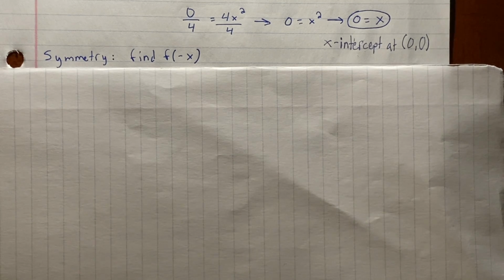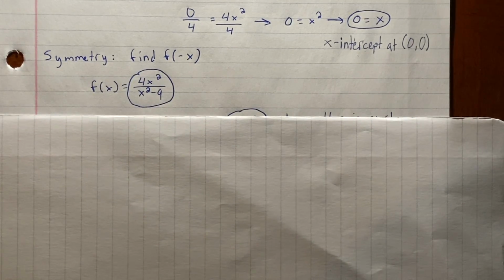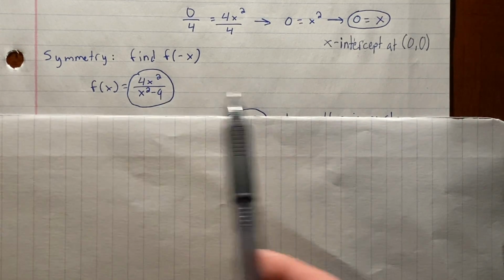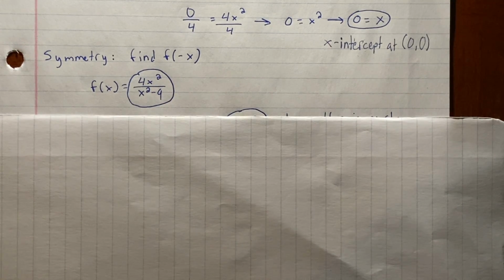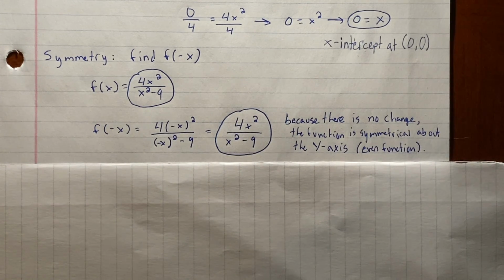For the symmetry, what you want to do is find if f of negative x is equal to f of x. So, what you're going to do is first find what is f of x. We already know that it is 4x squared over x squared minus 9 because it was given to us. Now, next we find f of negative x. This means you plug in negative x anywhere there is an x.